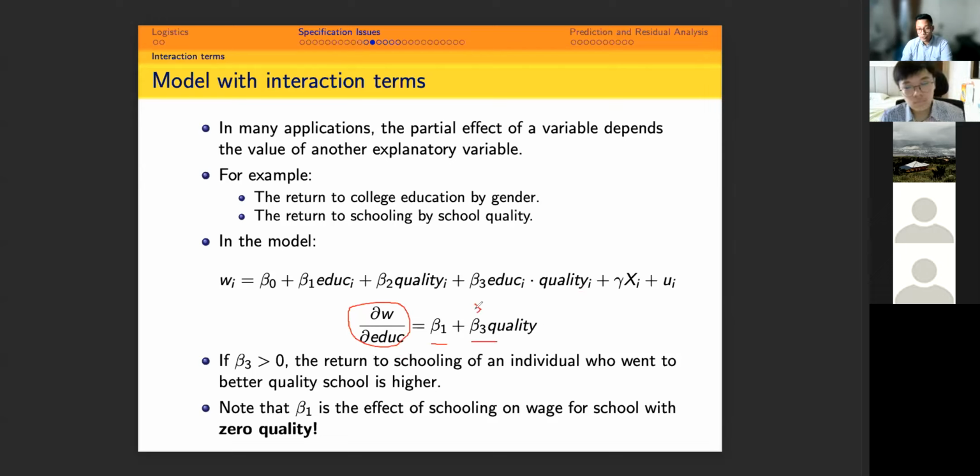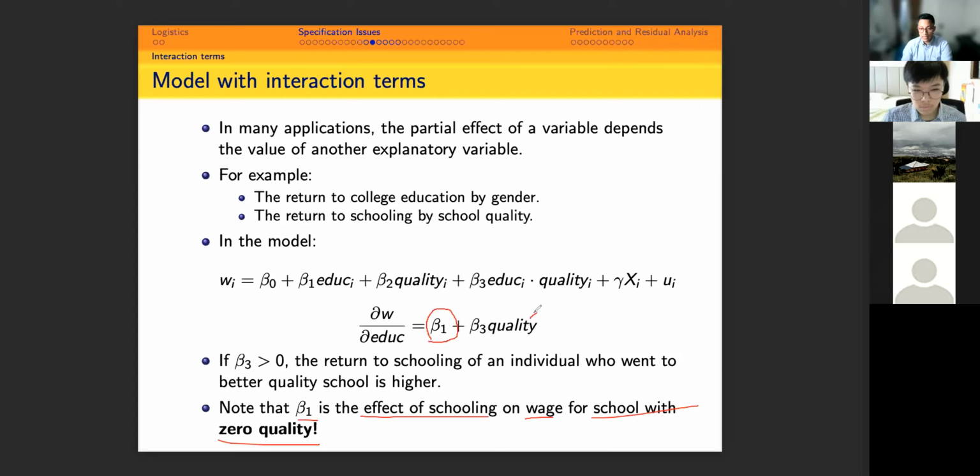So we're going to assume that beta 3 is positive. So the return to schooling of an individual who went to better quality school is higher. So that's going to be the test that we're going to be looking at. However, let's take a look at beta 1. What is the interpretation of beta 1? The interpretation of beta 1 is going to be the effect of schooling on wage for school with 0 quality.